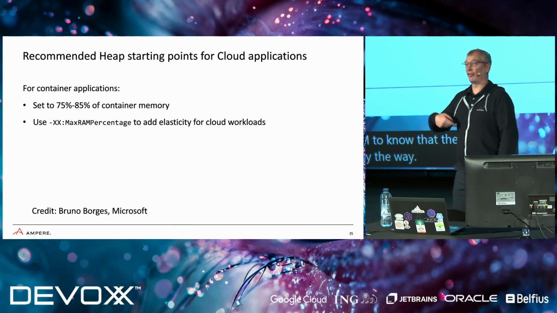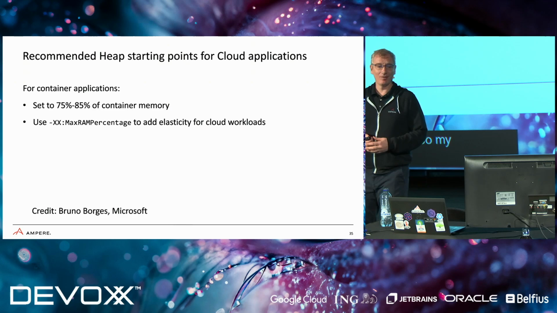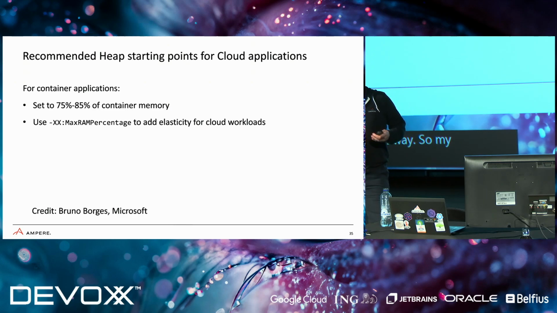So my recommendations for your heap is the heap should be between 75 and 85% of container memory, or of available memory on cloud instances, right? You want to make sure that you leave a little bit of memory available for both your stack and program and also the operating system. But you can be pretty zealous with this, particularly if you're allocating a lot of memory for your cloud applications.